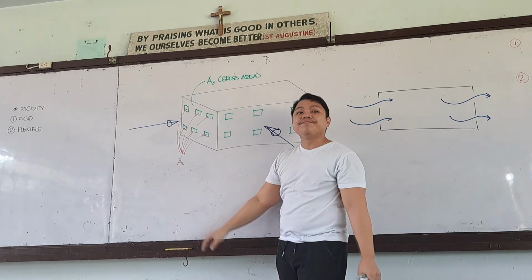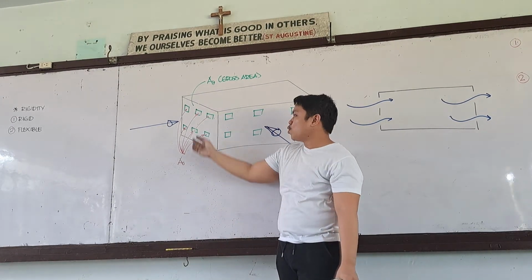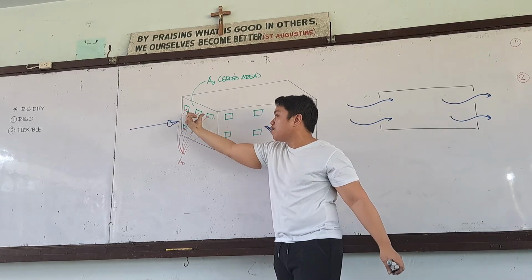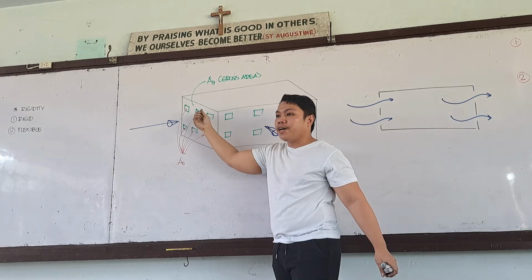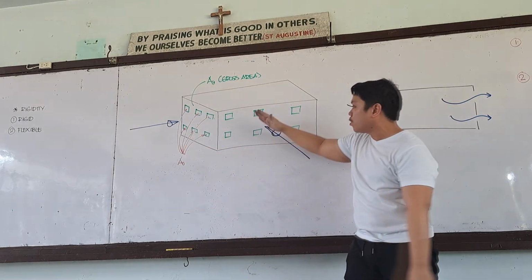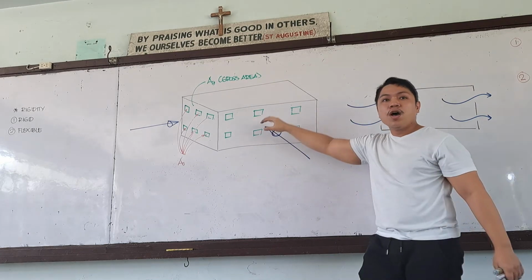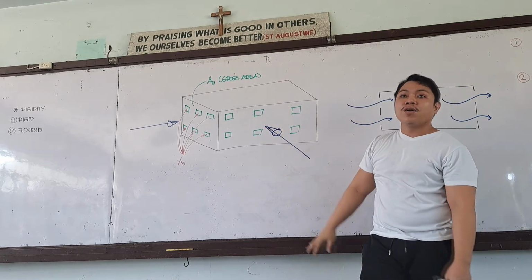So we check the windward wall, and the walls perpendicular to it: if the opening is greater than 80% of the gross area, we can consider our building as open.